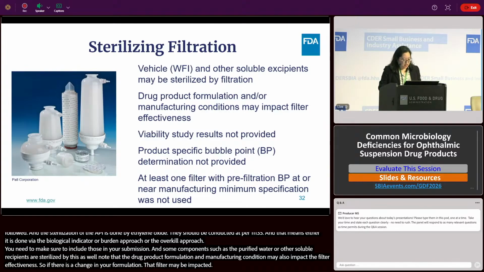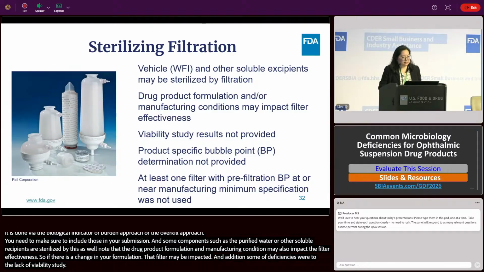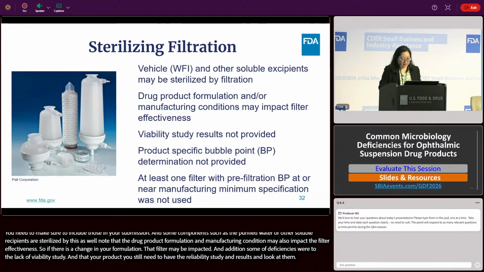In addition, some deficiencies that were issued were due to the lack of viability study results. If your product is bactericidal, you still need to include those viability study results so that we can look at them. Another common IR is that the product-specific bubble point, or BP, was not provided.